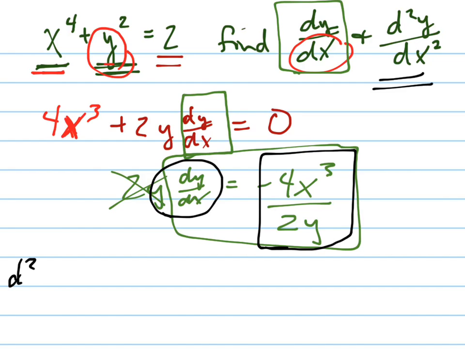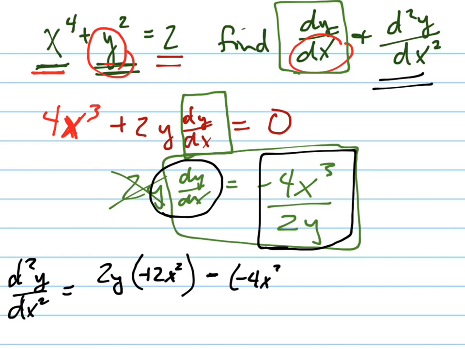So d squared y dx squared is going to be equal to low d high. The derivative of the high is negative 12x squared. So it's low d high minus high, which is negative 4. Be careful with your negative signs. Negative 4x cubed d low.